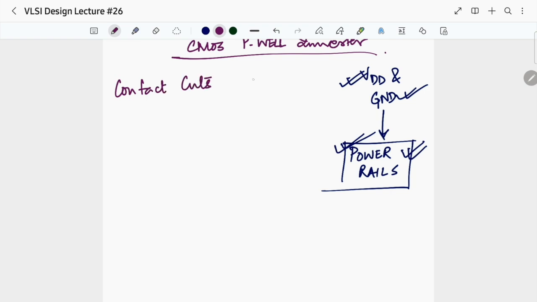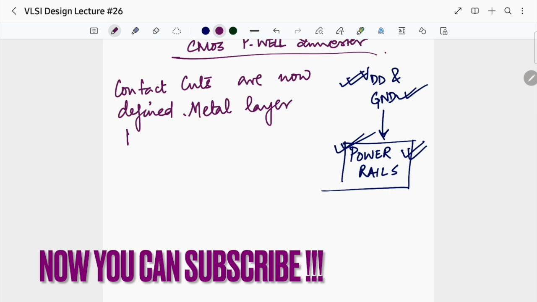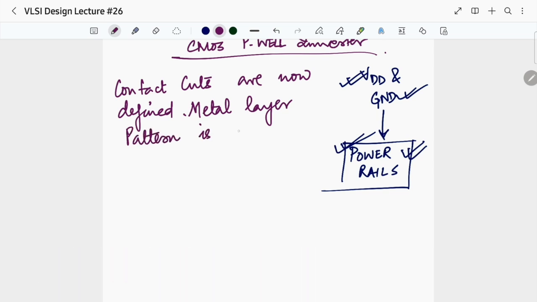contact cuts are now defined, metal layer pattern is also defined by this mask.